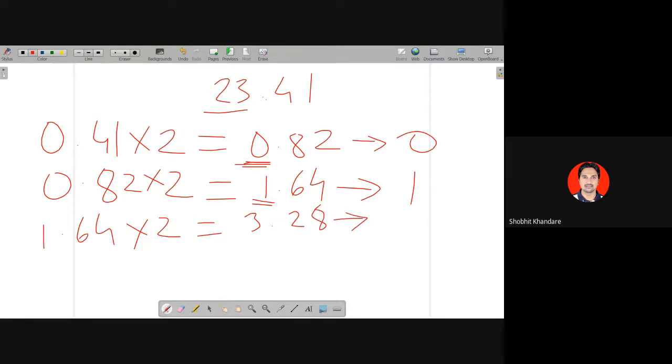Now here the problem arises that whenever you multiply by the number, you should not take the integer part. ये मैं आपको इसलिए बता रहा हूँ कि यहाँ पे बच्चे गलतियां करते हैं। I want everyone to pay attention.